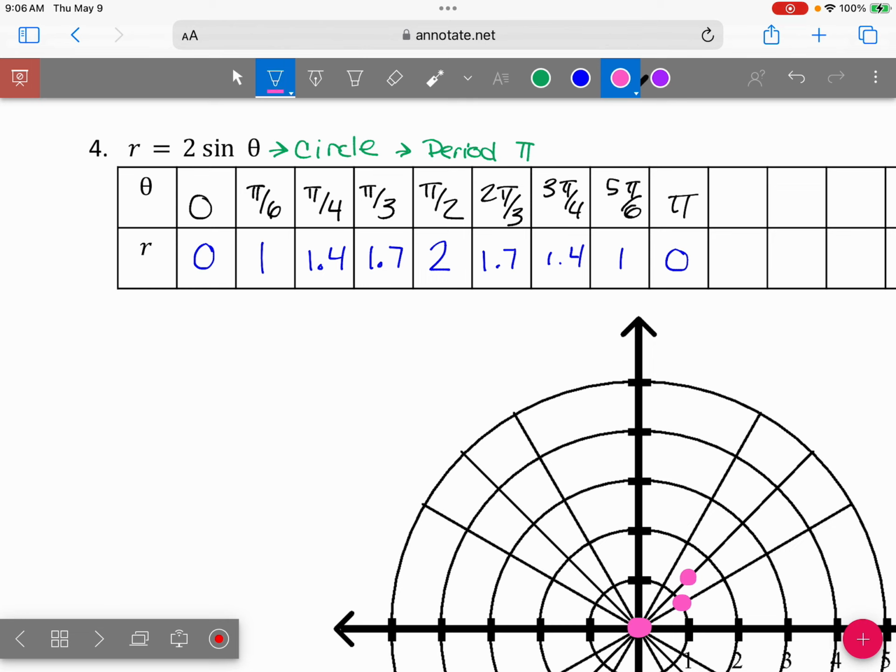Pi over 3, 1.7. And pi over 2, 2. 2 pi over 3, we're at 1.7. 3 pi over 4 is 1.4. 5 pi over 6 is 1. And at pi, we're back at 0. So we have a little bitty baby circle.